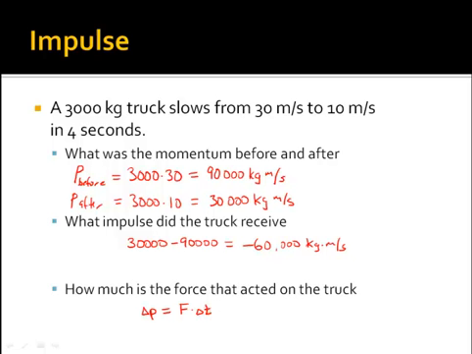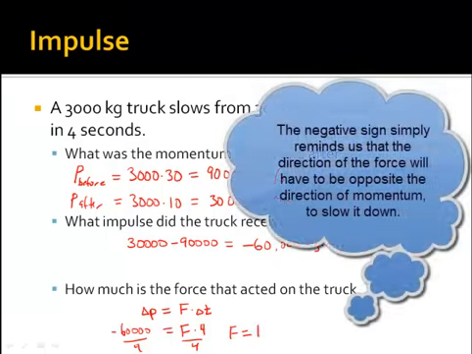And so, in this particular case, we've got negative 60,000 is equal to the force, which we don't know, we're trying to find, and the amount of time it specified was 4 seconds. So, divide both sides by 4, and the force that must have been exerted on this truck is about 15,000, and the standard unit for force is newtons.